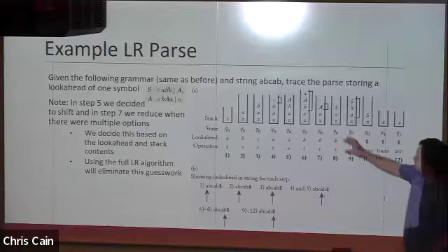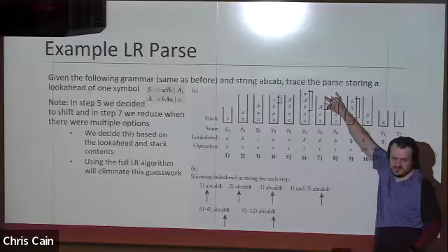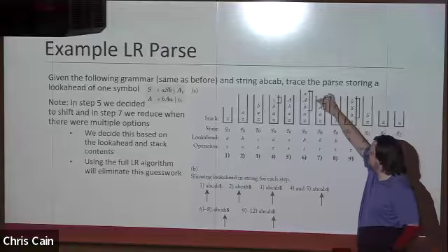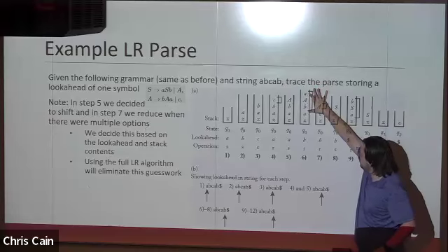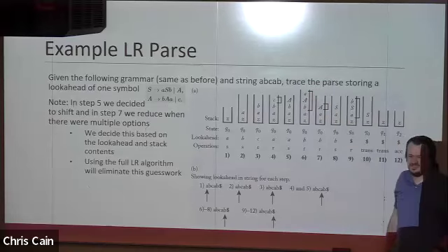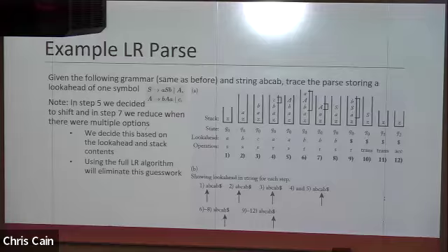Because in this case, we reduced 3 characters down to 1 character, which would require us to know, can we reduce from this character? Can we reduce from these characters? Can we reduce from these characters? Can we reduce from these characters? And that's going to store more and more and more information the longer the stack is. And there's still the option between shifting and reducing at any of those levels. What if you could reduce multiple possible places?